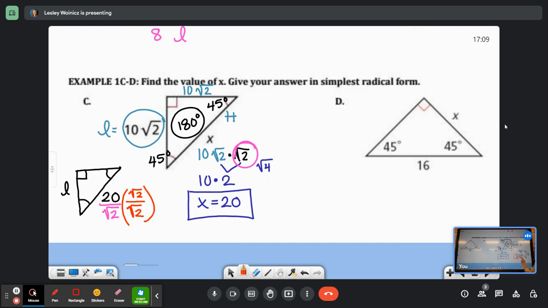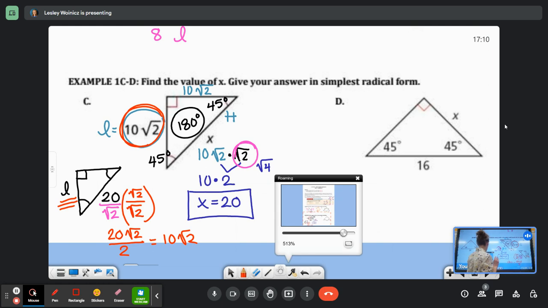These cancel, these make a 2, so I get 20 square root of 2 over 2. 2 goes into 20 10 times, so that is 10 root 2. And that's how we get back to this L. So sometimes we'll have to divide by the root 2 if they give us that hypotenuse.